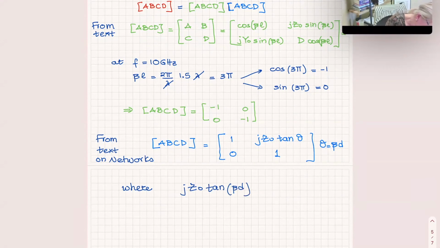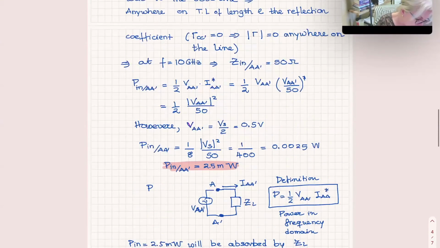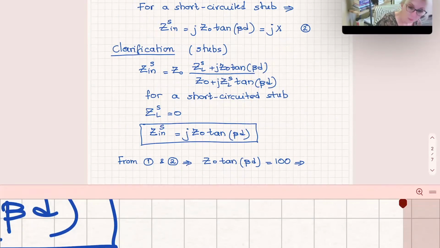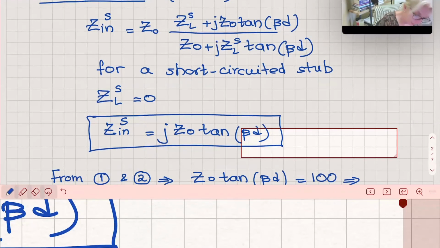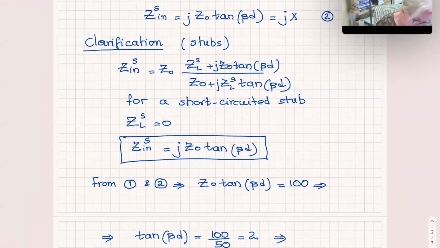How much was that? You remember from up here? We found that j Z naught tangent beta D is j100, when we solved the problem.